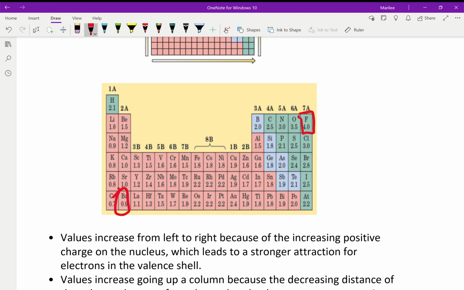So barium is in group 2A, right? So that means that it has 2 electrons on this outer shell. Not sure if that's a good example.